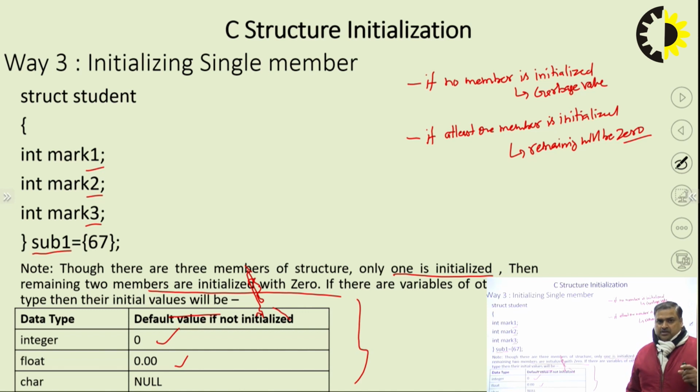So the important point here is what? Whenever we are initializing a member of a structure, the remaining members will be initialized. If no member is initialized, then there will be garbage value. If any one member is initialized, then all the members will be initialized to 0, or we can initialize all the members by ourselves.